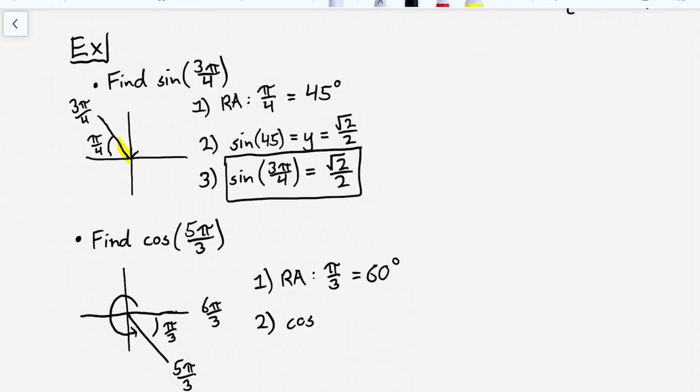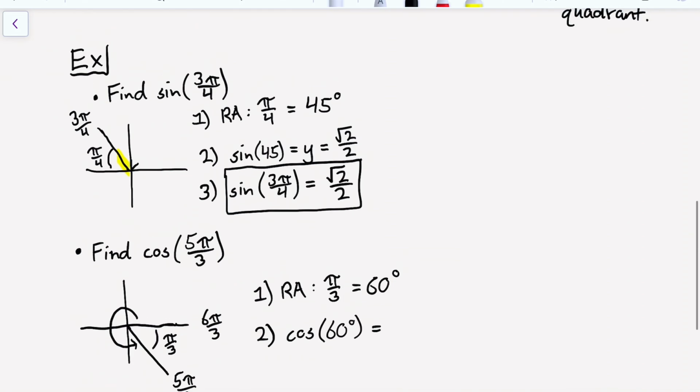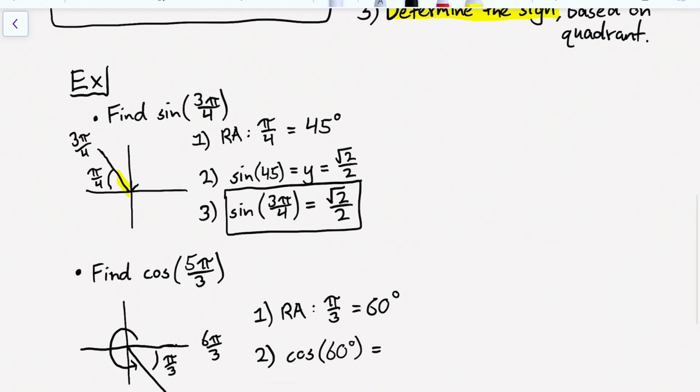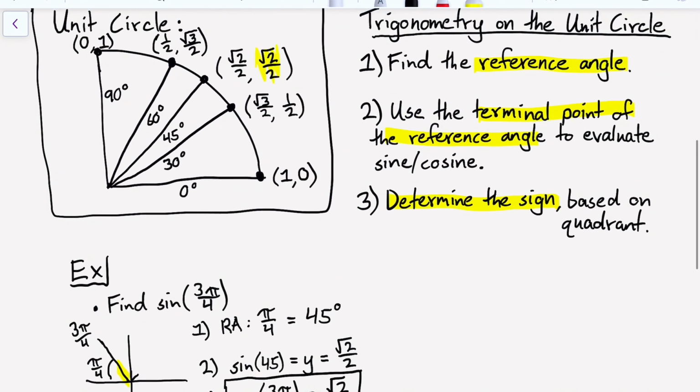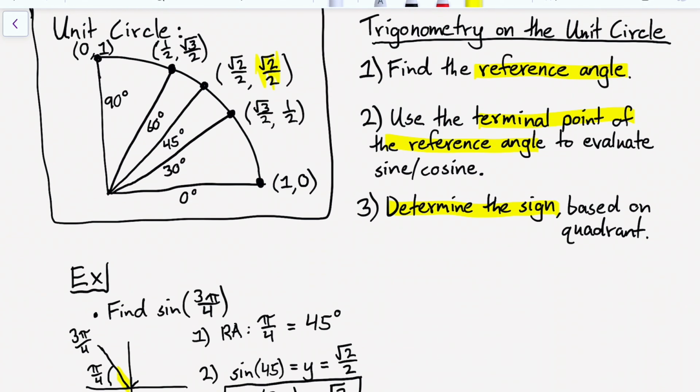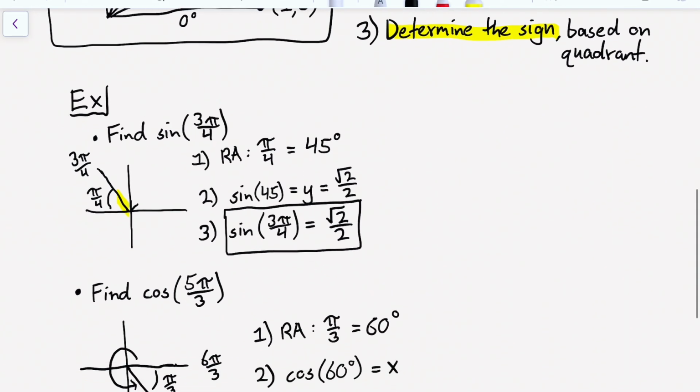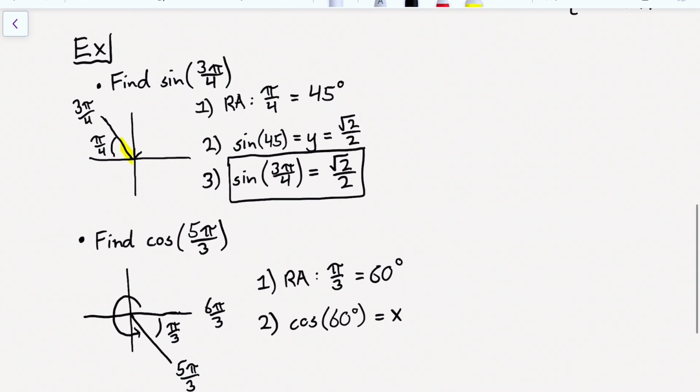Step 2, I want to evaluate cosine of 60 degrees using my diagram above. So cosine of 60 degrees is the x value of the terminal point. And here we see that is 1/2. So cosine of 60 equals 1/2.